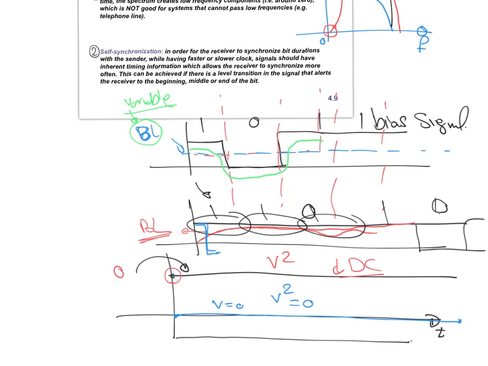It allows us to have self-synchronization. Okay, and if we have alternating voltage levels like this, we will not have any DC component. Okay, so these are the three phenomena. Based on these three phenomena, we will characterize all the line coding schemes starting from next time, inshallah.